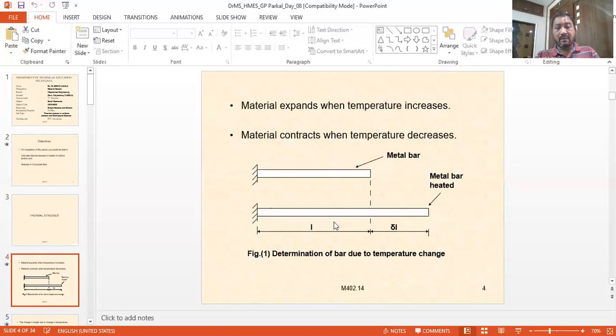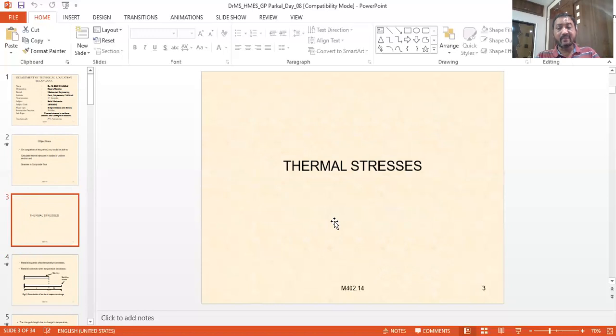Now, so what is the thermal stress? Now coming to the summary part, what is the thermal stress? The stresses induced in the bars when they are subjected to change in temperature are called the thermal stresses.